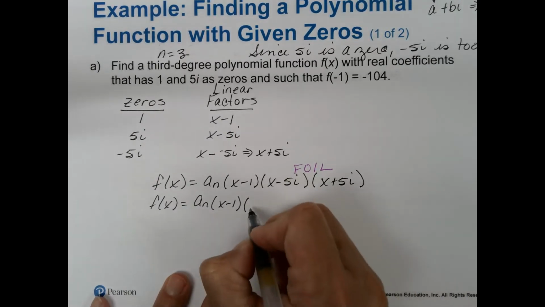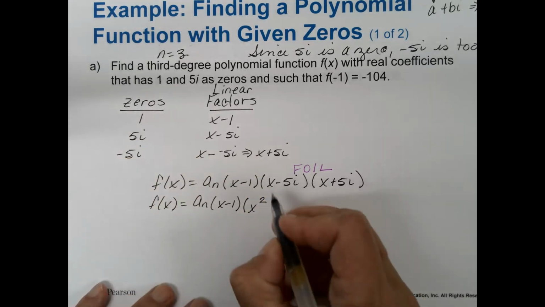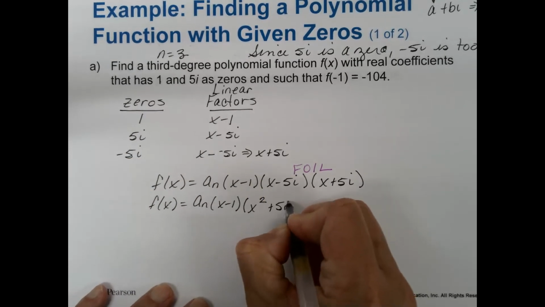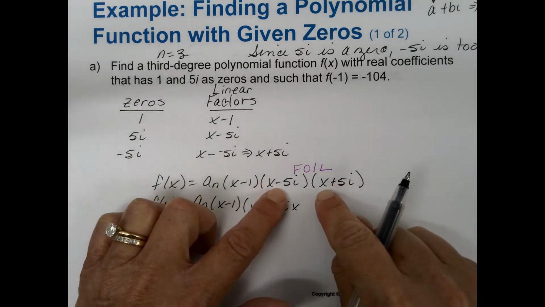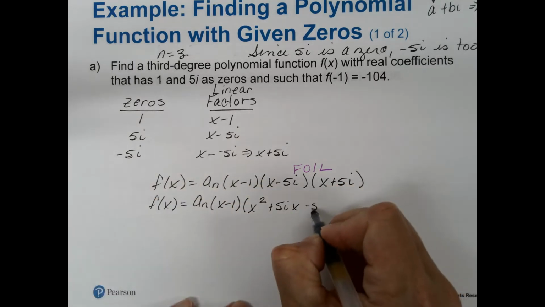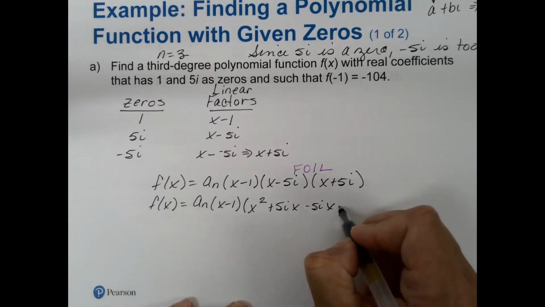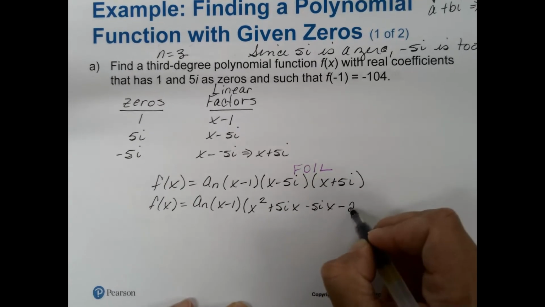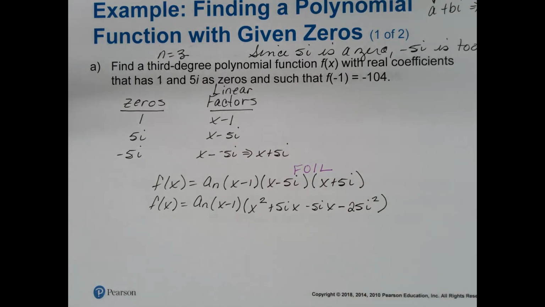First, x times x is x squared. Outer is x times 5i, which gives me positive 5ix. Inner, negative 5i times x. Last, I have a negative times a positive, which is a negative. 5 times 5 is 25. i times i is i squared.